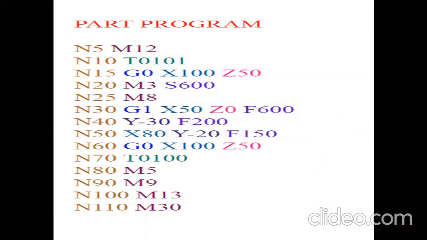So N5 represents the first command, N10 represents your second command. That is your sequence number. Operations are carried out sequentially to perform the manufacturing process to convert your raw material into the final finished good. We are performing these operations on your raw material, which is your circular component.